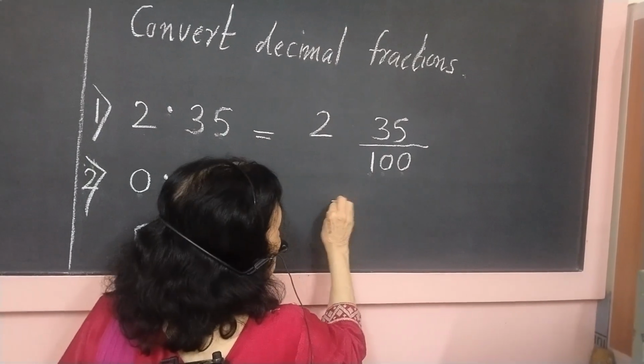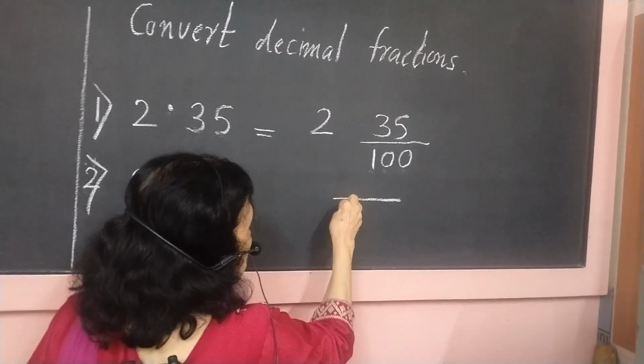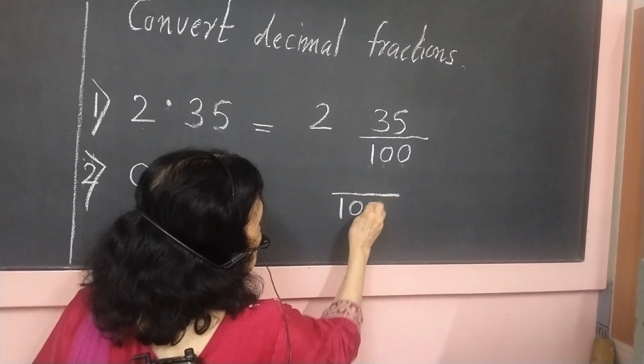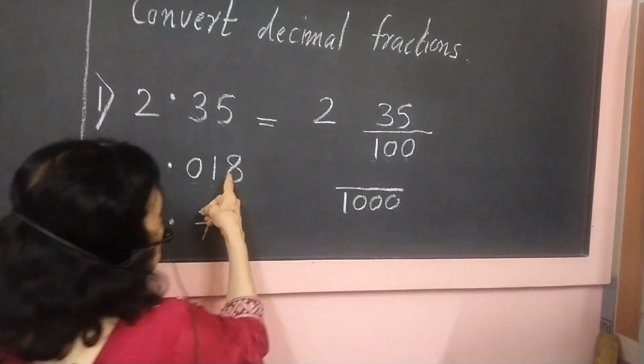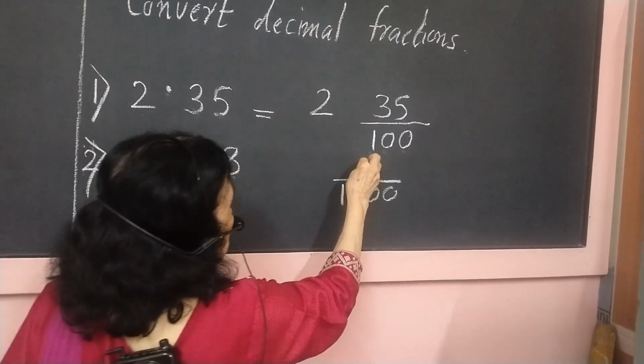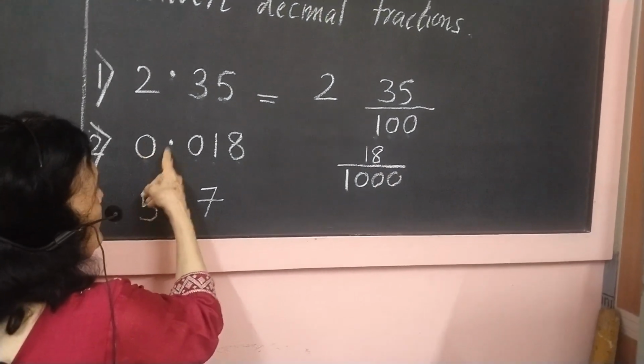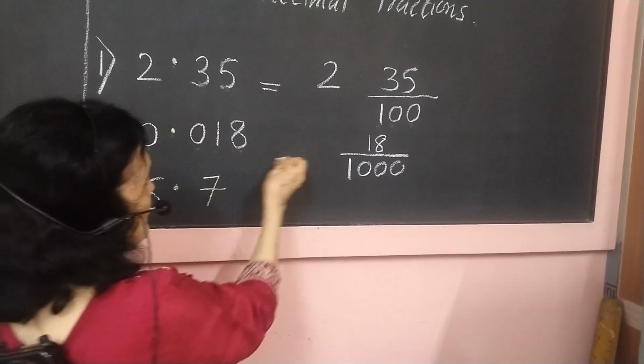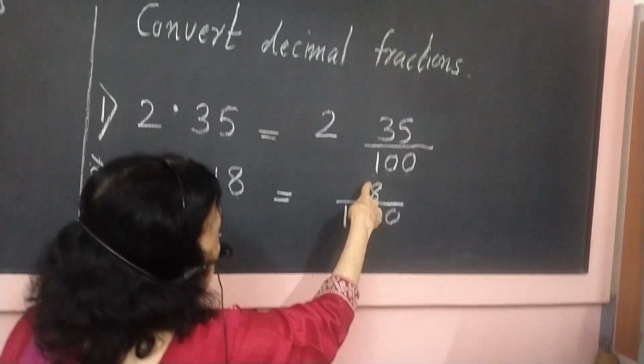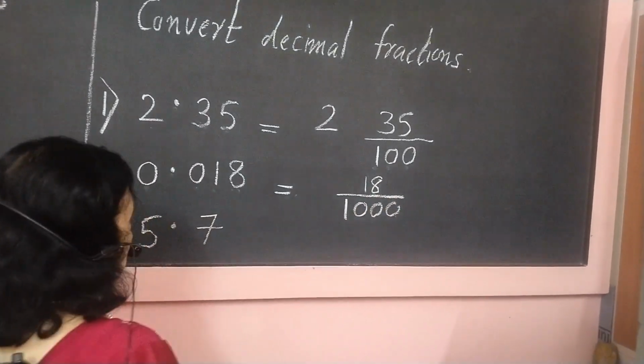So in the denominator we will have to write 3 zeros after 1, and this particular number will come on top. So 0.018 is equal to 18 upon 1000.